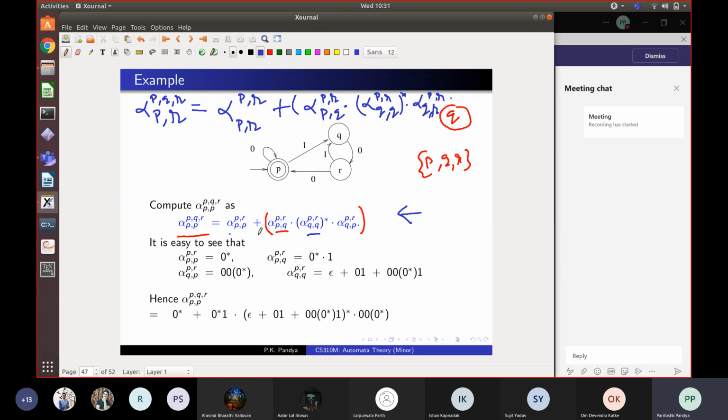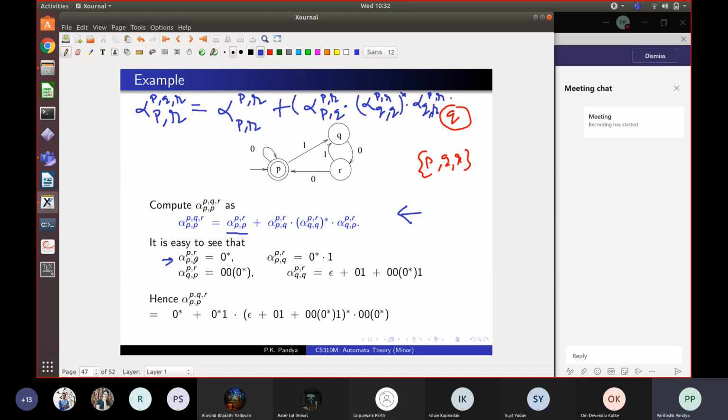I have not applied this rule, I have directly guessed it. But this one I have not guessed. I have applied this, so this term here is calculated by this. Similarly, alpha PQ with PR, which I require here, this red underlined thing. Let me remove all the underlines and then show you what I am calculating. Okay, so I have got all of this. First, this is what I calculate, and that is done by this thing here.